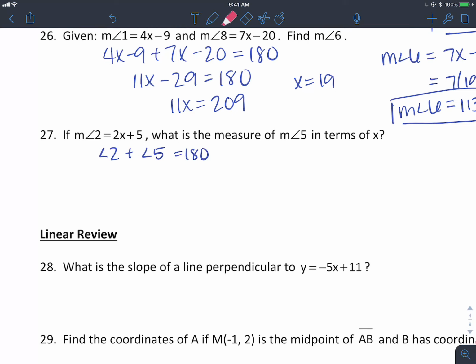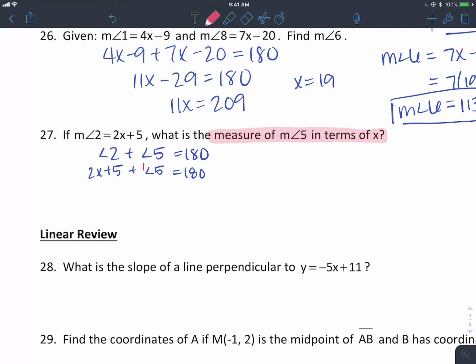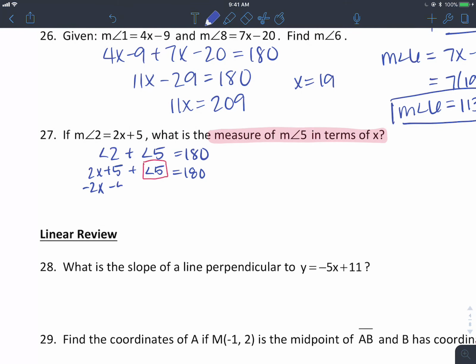We're going to find the measure of angle 5 in terms of x, which means we are not solving for x, we are leaving x in our answer. So we have 2x plus 5 plus angle 5 equals 180. We're going to leave angle 5 all alone and solve for it, so we subtract 2x and 5 from both sides.